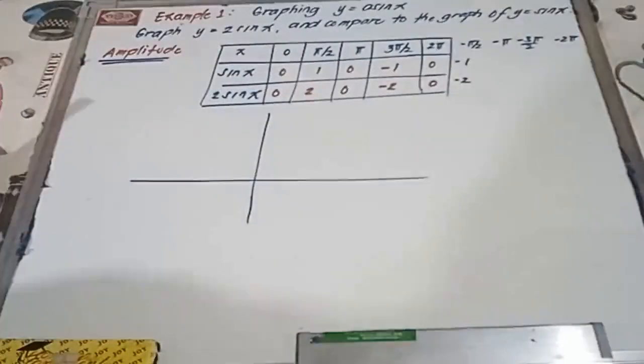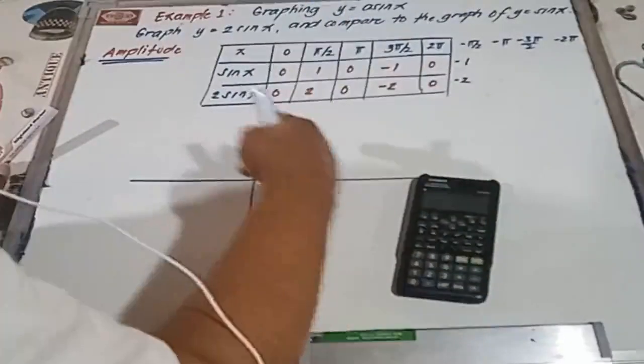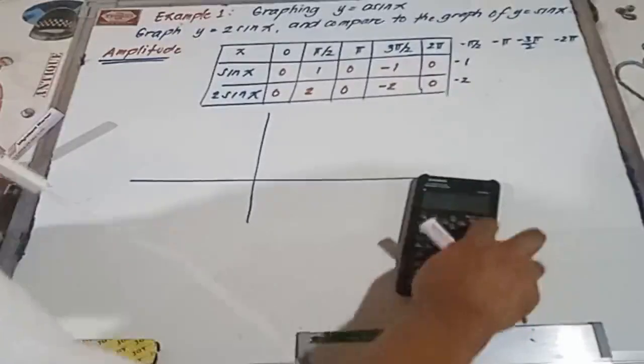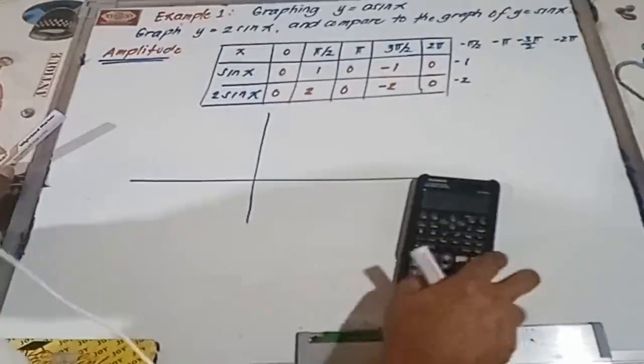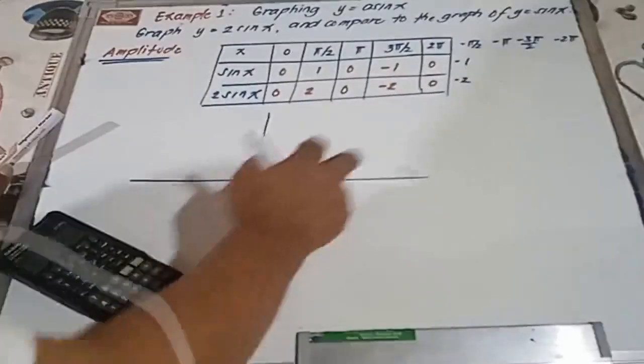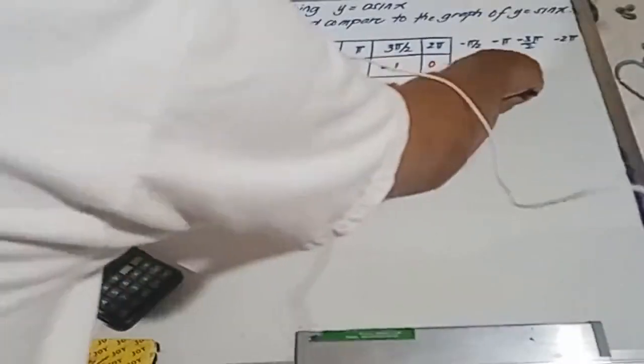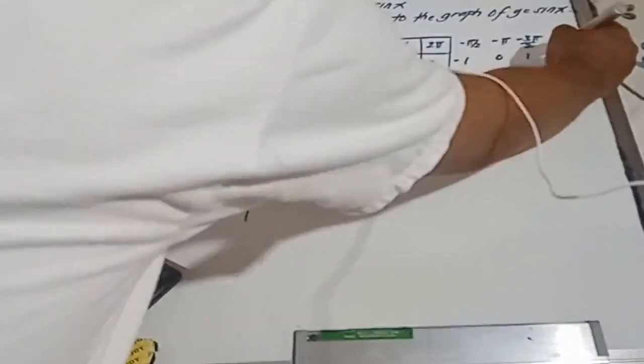Let's check to be sure, because it is at the bottom. Sine negative 90 is negative 1, of course. And sine negative 180 is 0. This will be 0. Sine negative 3 pi over 2 is positive 1, so this is positive 2. Sine negative 2 pi is 0, so this is also 0.